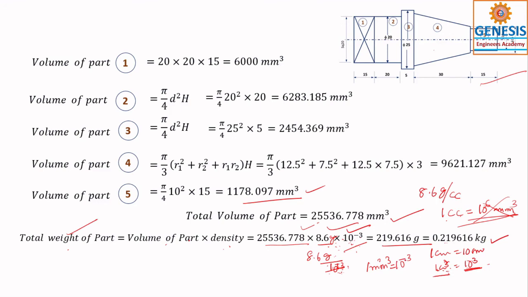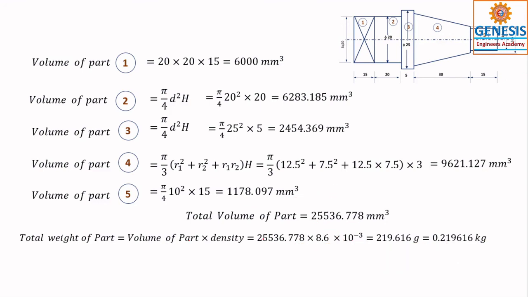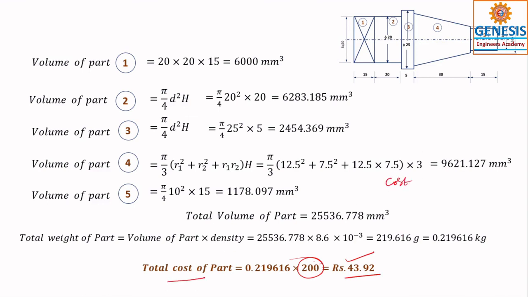So that I have converted into this one. As the value is given, the cost of the material is 200, that is 443. So this is the cost of the material only. If labor charges and other charges are given, then you have to go for that.